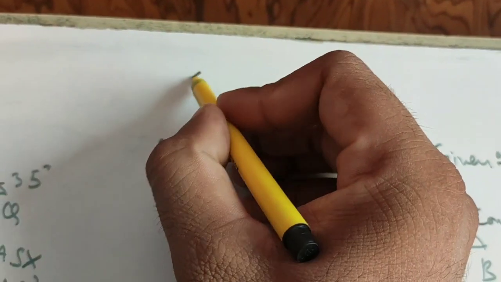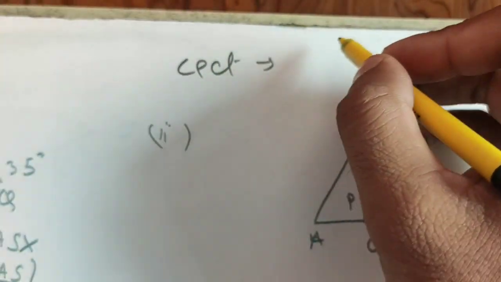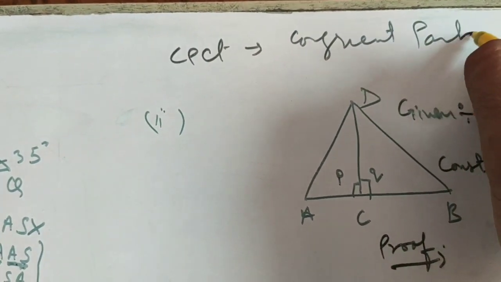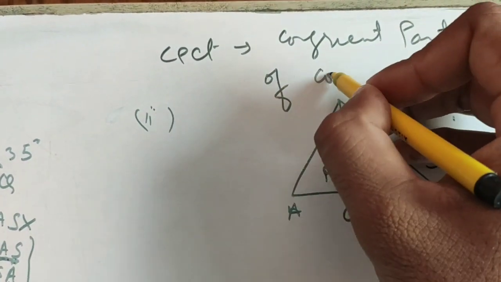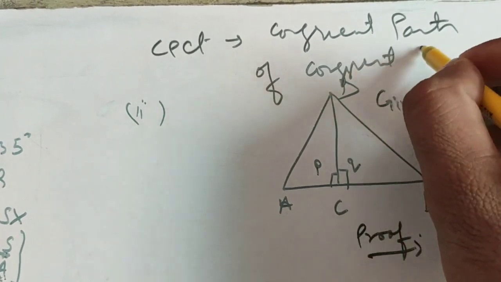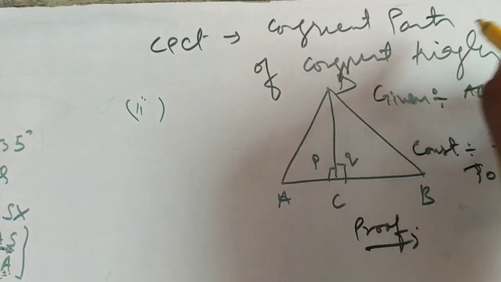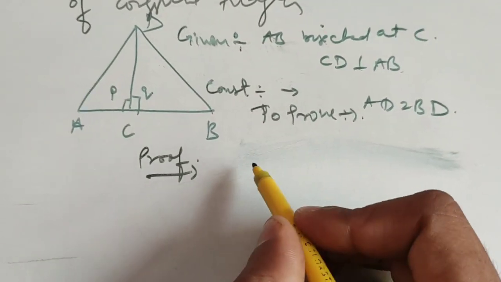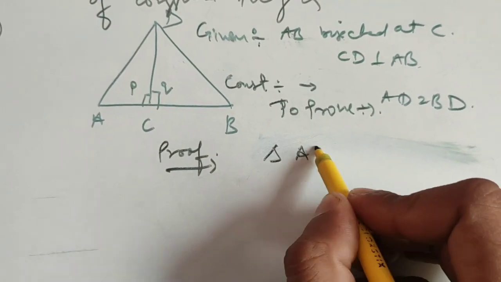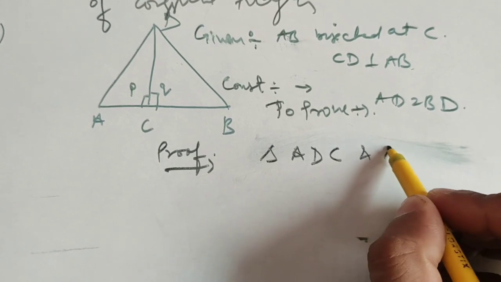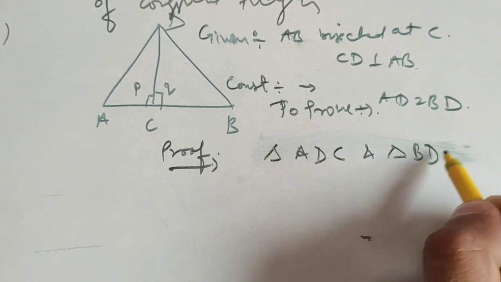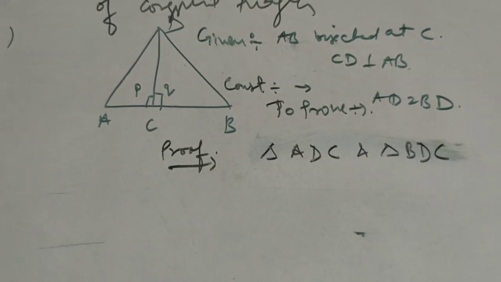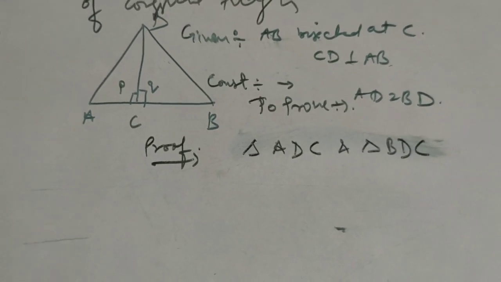What I am saying, CPCT means corresponding parts of congruent triangles are equal. Okay, so now we select the two triangles like triangle ADC and triangle BDC. So AD is the side of this triangle and BD is the side of this other triangle. So now we need to prove that these two triangles are congruent.